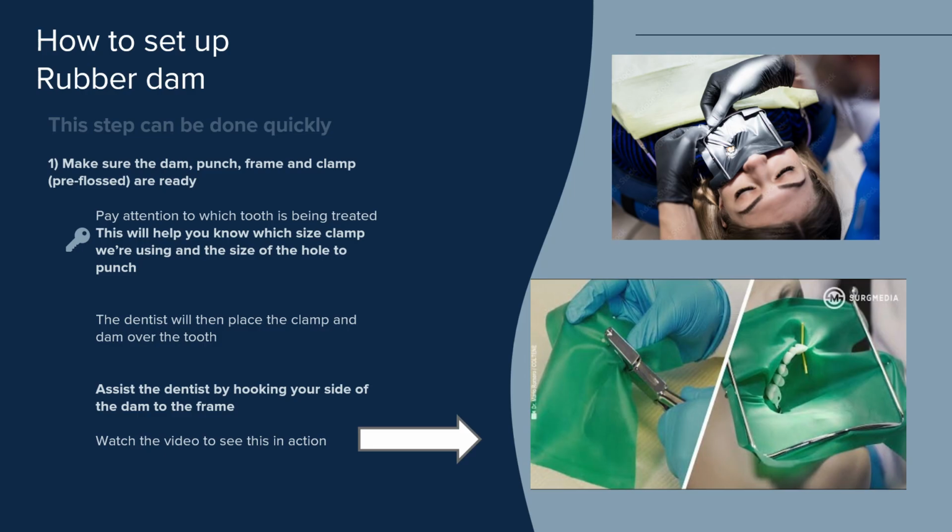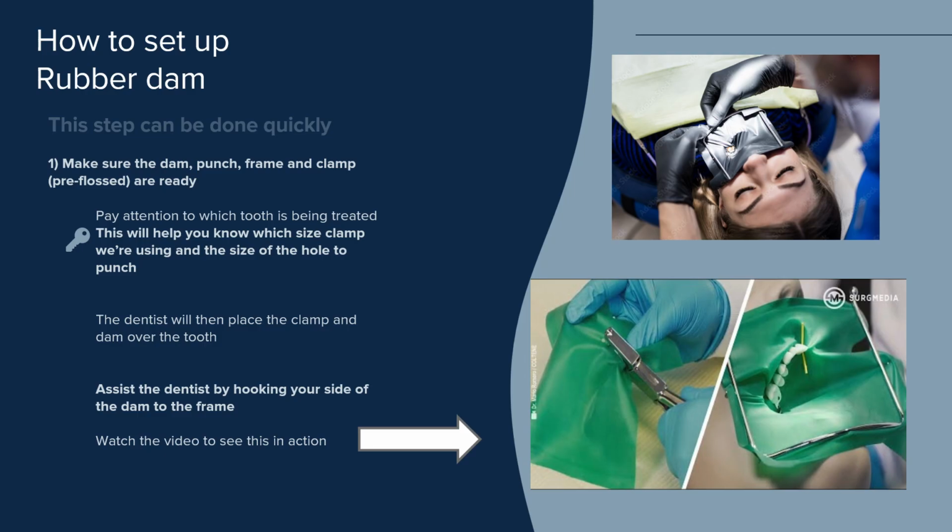Here they're selecting which hole they're going to use. They're going to use the big hole. This person's obviously experienced. They know where to punch it. So they're going to punch the hole there.